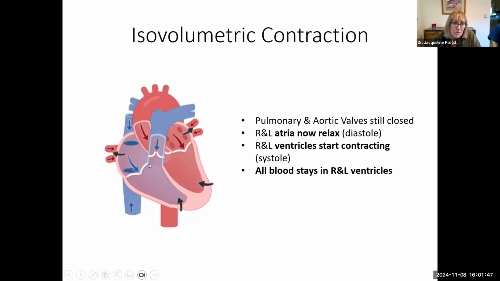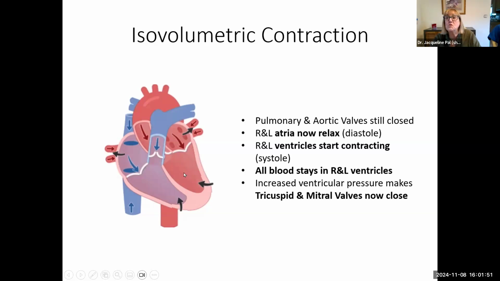But what it's going to do is cause the tricuspid and the mitral valves to close. Okay. So this is giving us ventricular contraction, ventricular systole, without a change in the volume in the ventricles. That's the first part of ventricular systole.